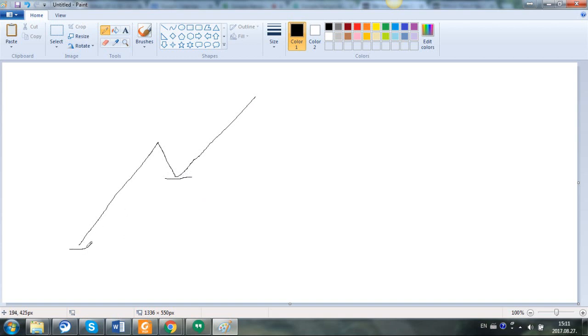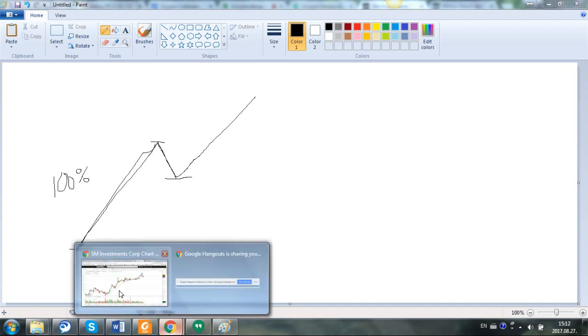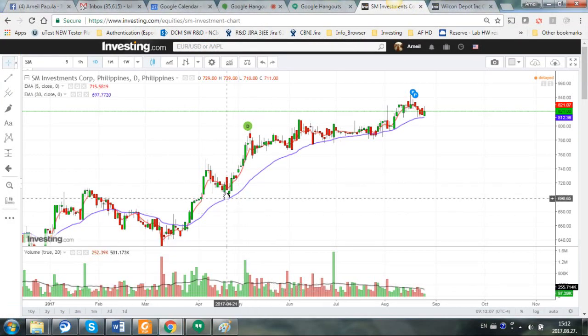If this is the first point, tumaas siya ng ganyan, that's your 100% move. But how many percent yung ibababa niya or possible niya ibaba? That can be determined via Fibonacci retracement. So, okay, example. So, ito, isang magandang halimbawa.